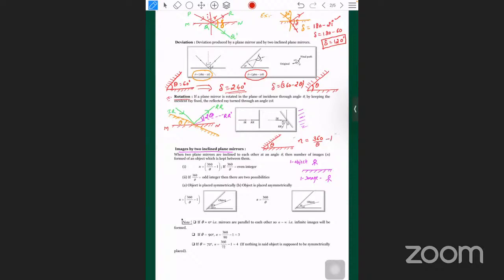What is the number of images formula? 360 by theta minus 1. Please remember, the number of images formed by two plane mirrors is 360 by theta minus 1.